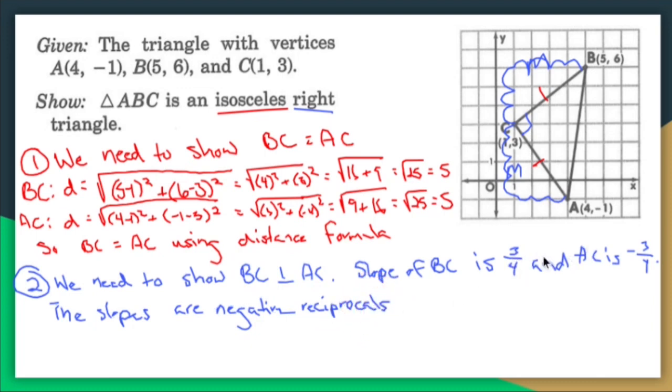Oh, wait a minute. This is supposed to be 4 over 3. Almost ruined the whole thing. The slopes are negative reciprocals, so BC is perpendicular to AC.